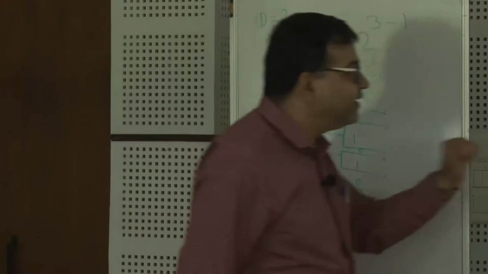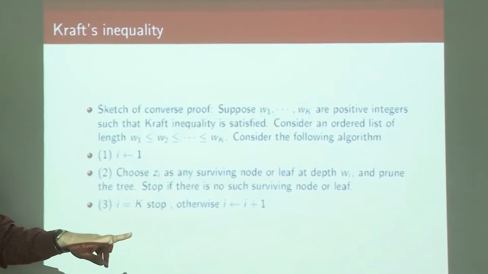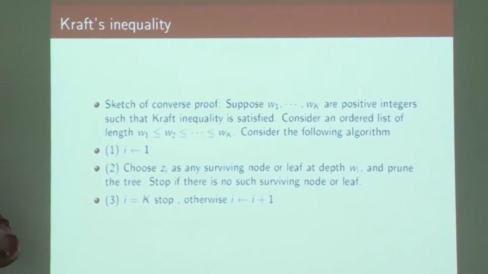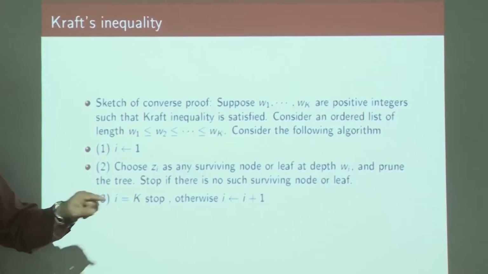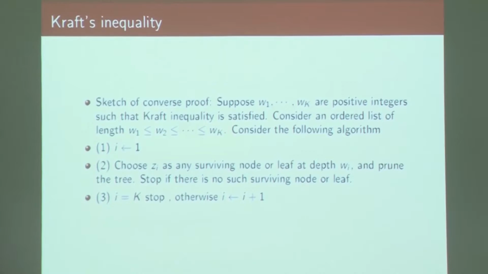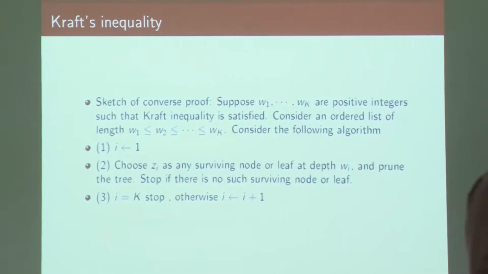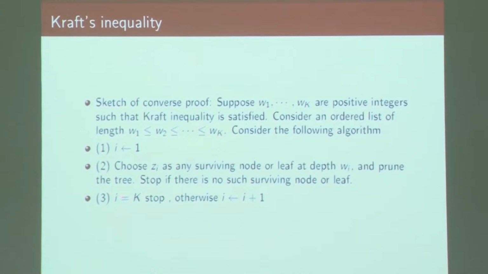That is why this ordering is important: I do not want to delete the same set of leaves twice. So I arrange them in ascending order. Now I choose any surviving node or leaf at depth Wi and then prune the tree.